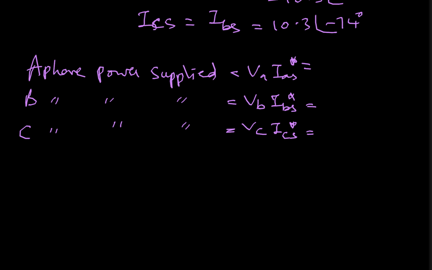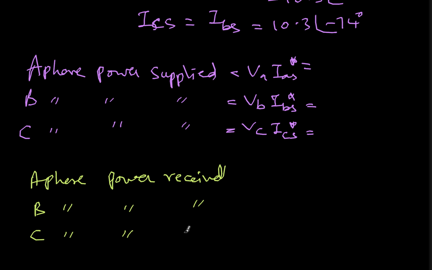Similarly, I can also calculate A phase power received. Similarly, B phase power received, C phase power received. So this will be again VA, or I can use the impedance.